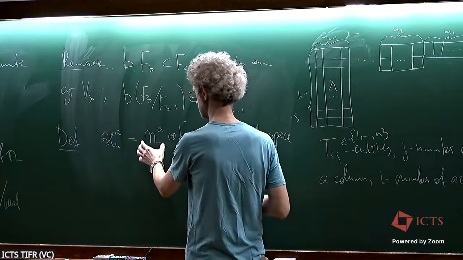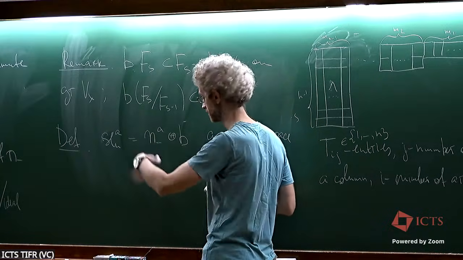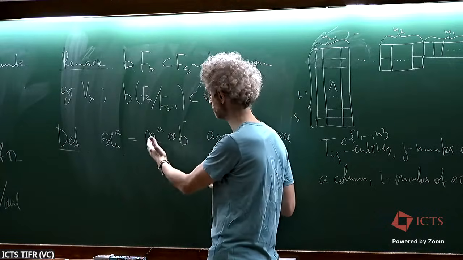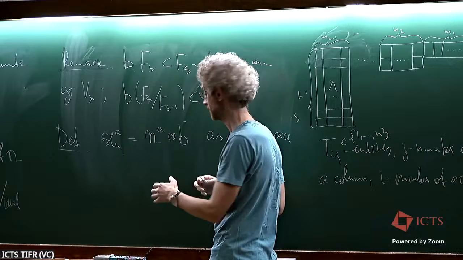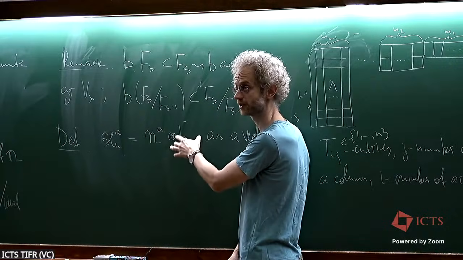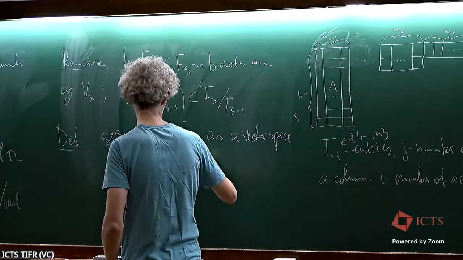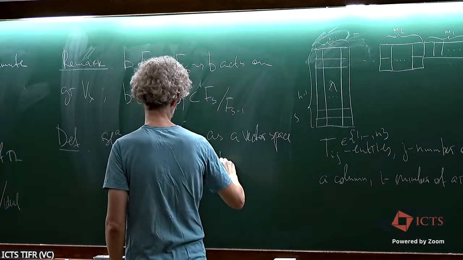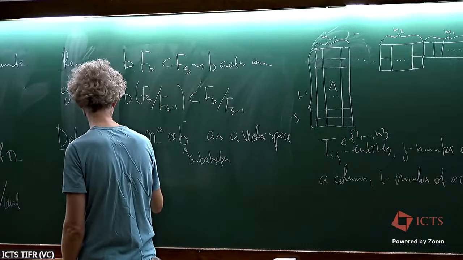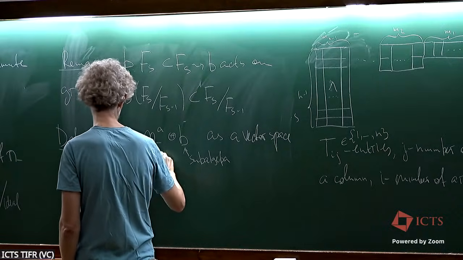So we have the abelian part. You remember n minus was a lower triangular algebra. Instead of looking at the non-commutative one, we replace it with the commutative algebra. And then we are left with the upper triangular part, which is non-commutative and still non-commutative in this new algebra. So this is a subalgebra. And this is also a subalgebra, but in fact an ideal in SLN a, an abelian ideal.